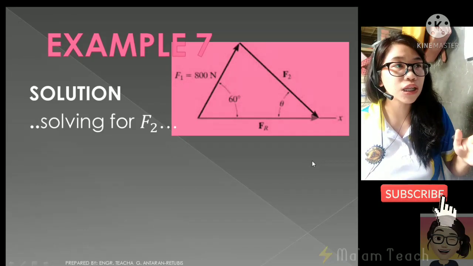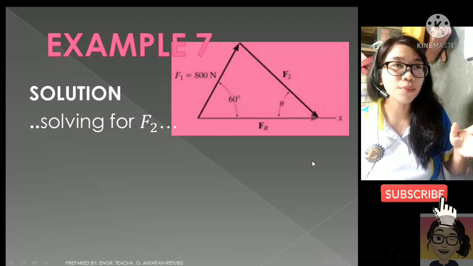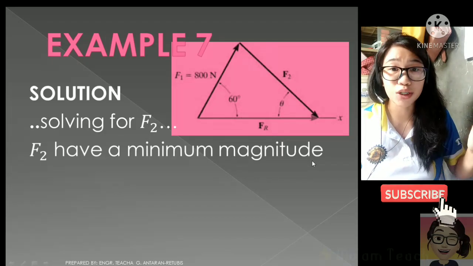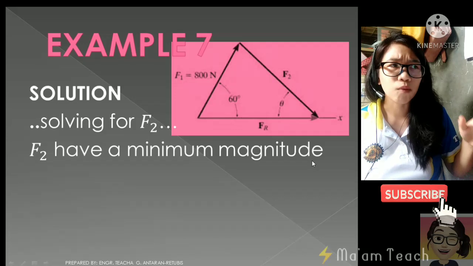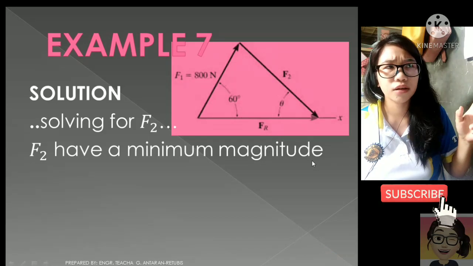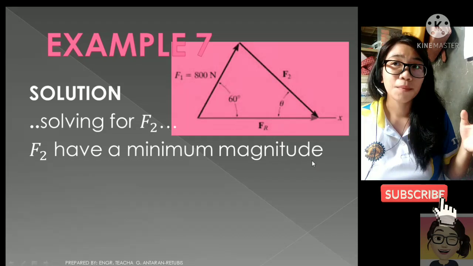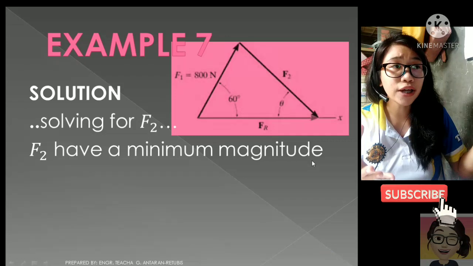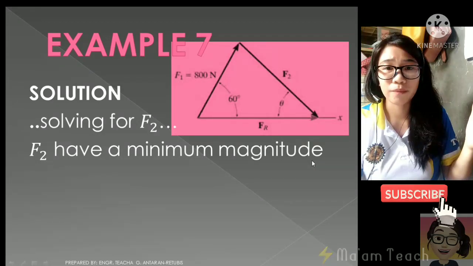Now if we go back to the condition of the problem, our f sub 2 should be of a minimum magnitude, or it should have a minimum value. Now if we think the f sub 2 must have different values, it only means that f sub 2 can be more than this value, or it could be any value.